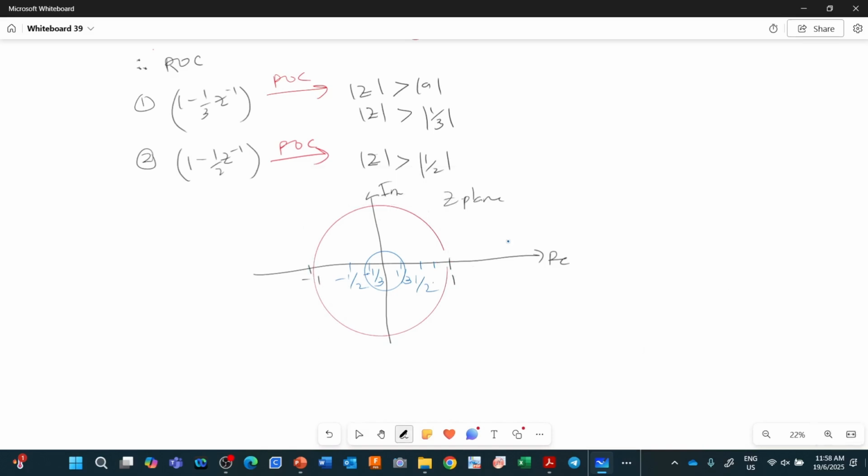And then where is the 1 over 2? So draw also 1 over 2. What type of ROC are both: outward, inward or ring shape?